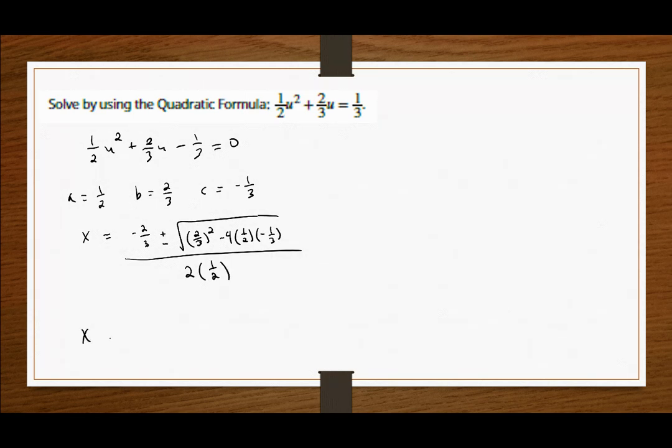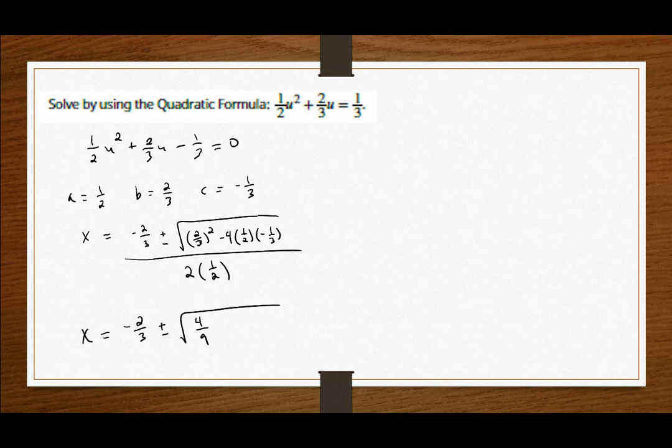So let's reduce where we can. The first term, negative 2/3, is going to stay the same. Underneath our radical, though, something like 2/3 squared means to multiply 2/3 times itself. Well, 2/3 times 2/3 should give me 4/9. My second expression, negative 4 times 1/2, can be reduced to just 2.